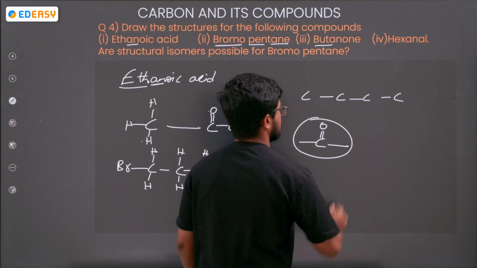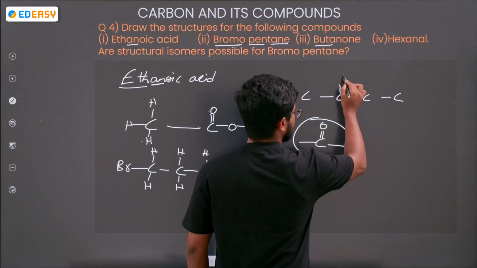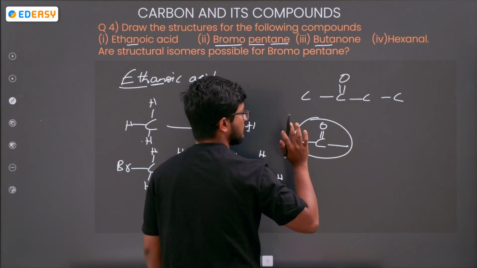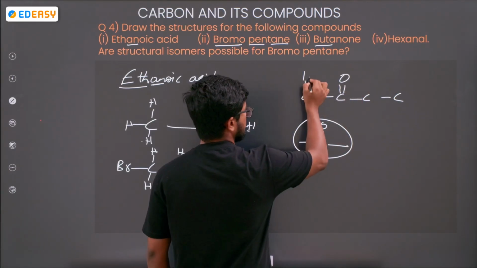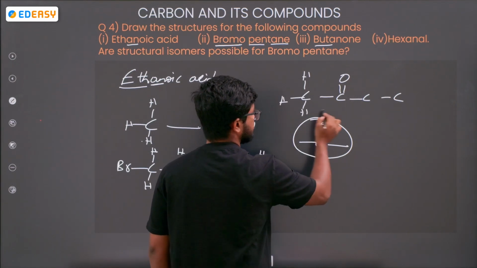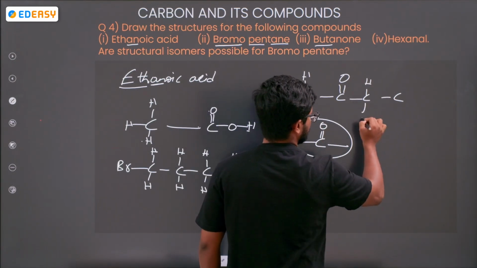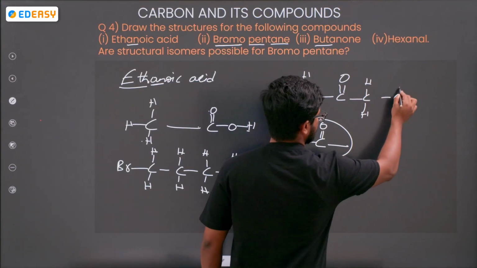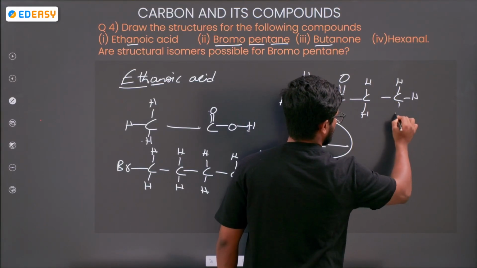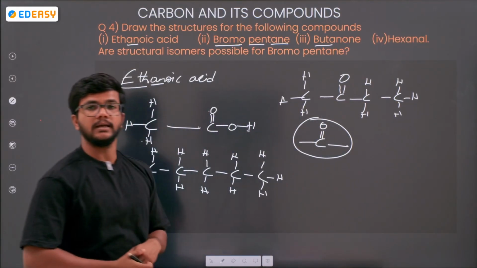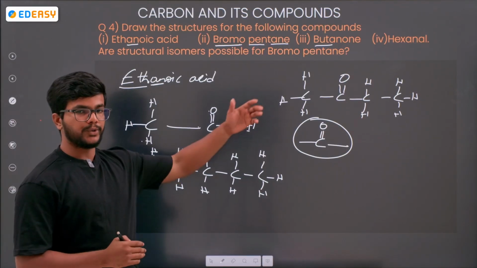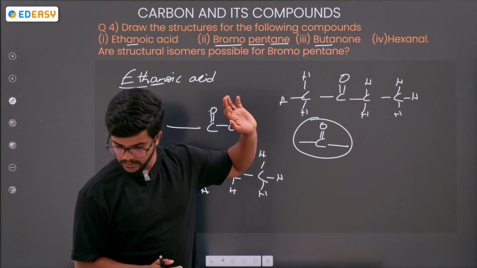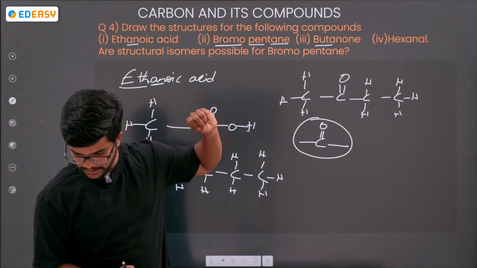Here, ketone: any of the carbons you can keep double bonded O, this is a ketone functional group, remaining all will be hydrogens. 1, 2, 3, 1, 2. Already 2 bonds are there, 3. So here 1 bond, 1, 2, 3. So this is butanone. Yes, any doubts? Okay.